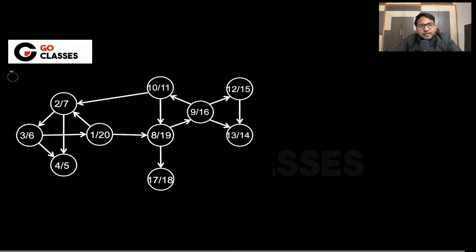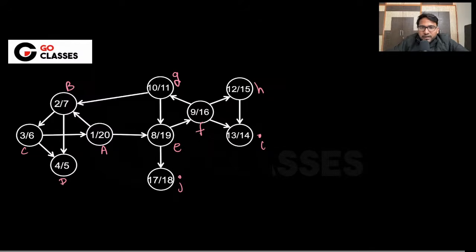Let's suppose this is A, this is B, this is C, this is D, this is E, this is F, this is G, this is H, this is I, this is J. So let's draw the tree.